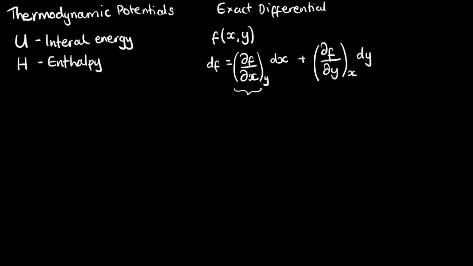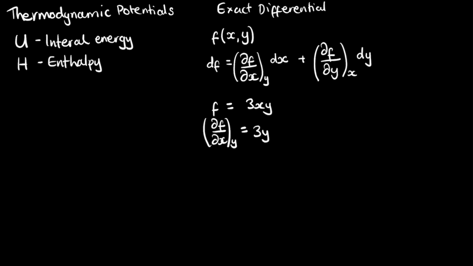So let's have a really simple example. Let's say that f equals 3xy. When I partially differentiate with respect to x, holding y constant, I basically treat y as a constant, as if it's a number, so I can just take off the x and I end up with 3y.